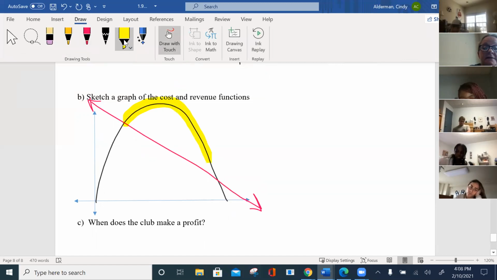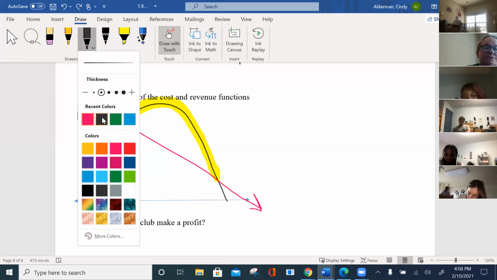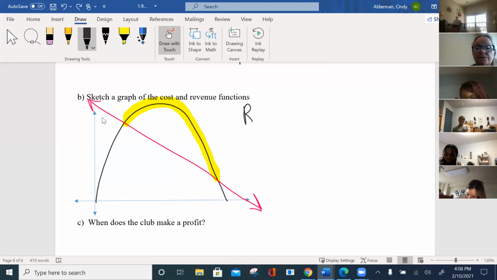Is that this part of the graph, you can say that the revenue is greater than the cost, right? For all those points. So we need to know what those points are in order to determine when it makes a profit, right?